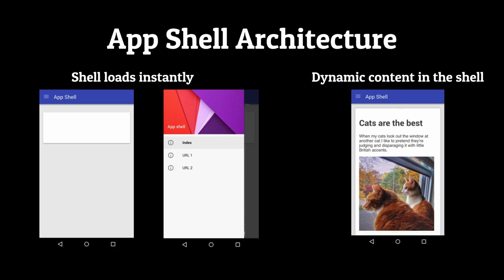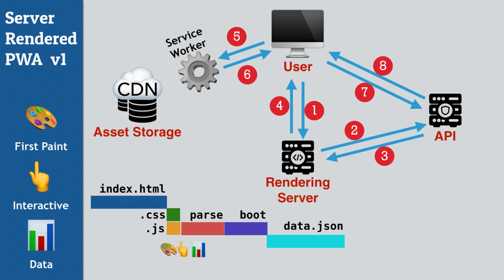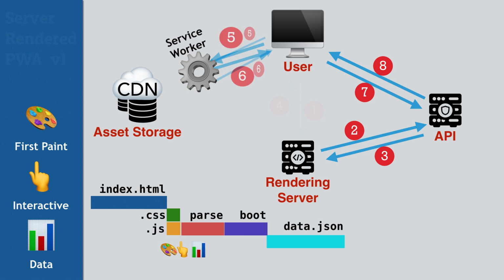So if we look at how applying IndexedDB and the app shell architecture will affect the diagram that we last looked at, here is our starting point. This is where we last left off. And as we go to the second version of our progressive web app, we need to be aware of two different scenarios. The first is the user visiting us for the first time.